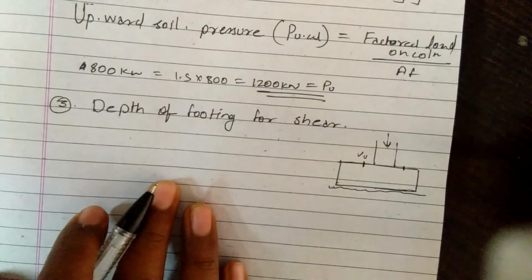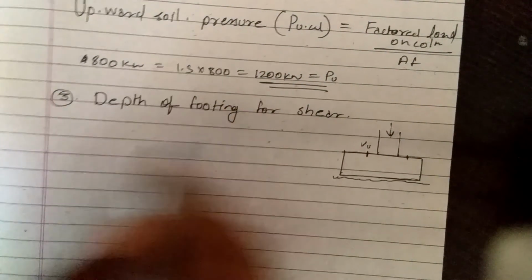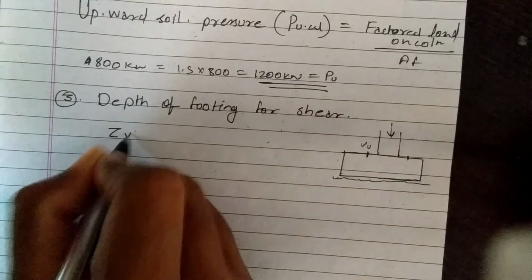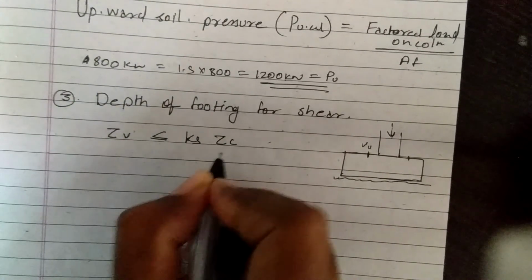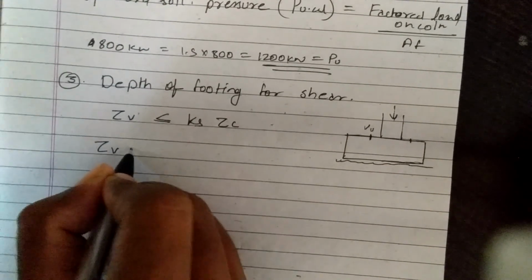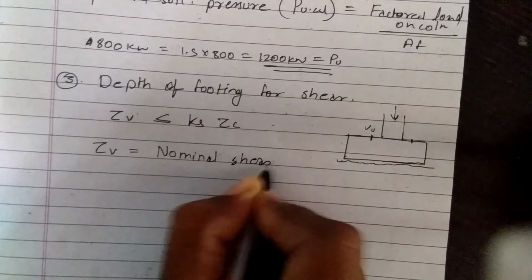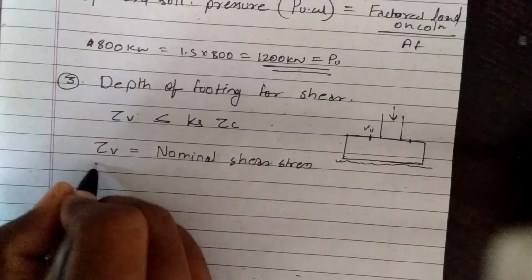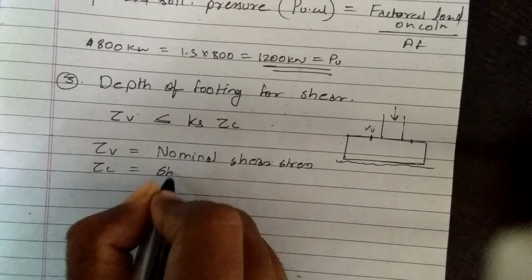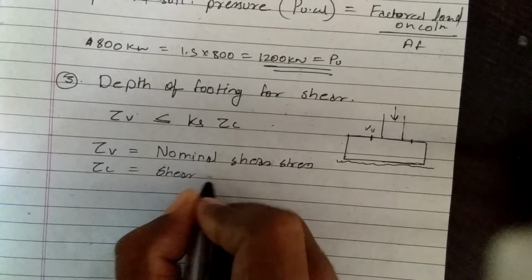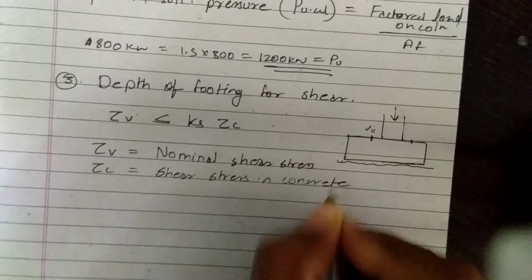Now for that particular procedure we will find the depth for shear of footing. Now tau v, nominal shear stress, is less than or equal to ks into tau c. Tau v is nominal shear stress and tau c is the shear stress in concrete.